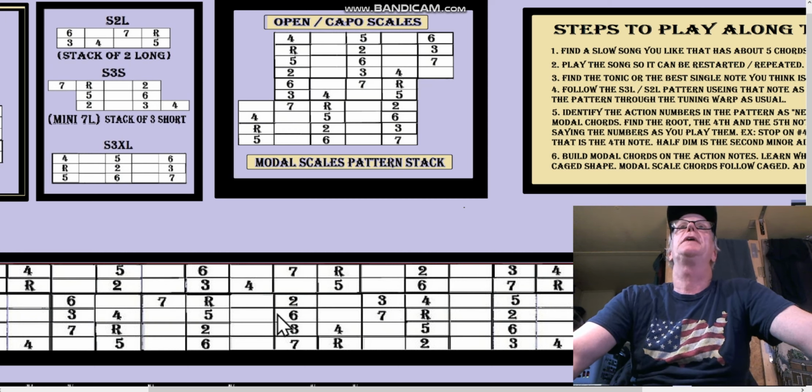But in any case, we have that particular configuration here. And in the middle of it all, we have 5, 6, 7, root 2, 3, warped over 4, 5, 6. That pattern's right here, 5, 6, 7, root 2, 3, warped over 4, 5, 6.